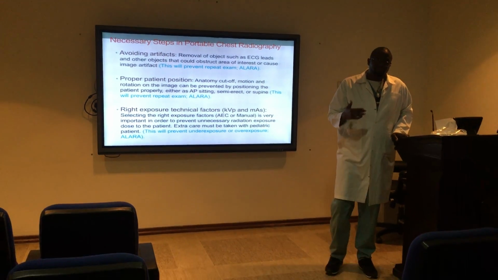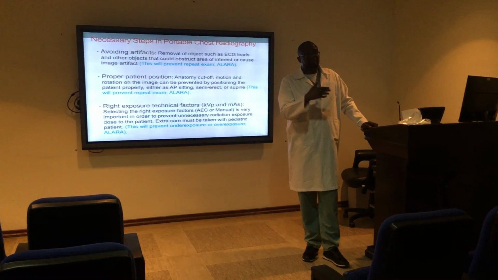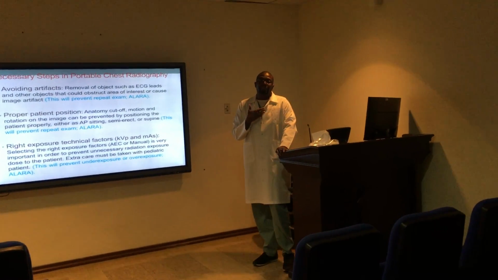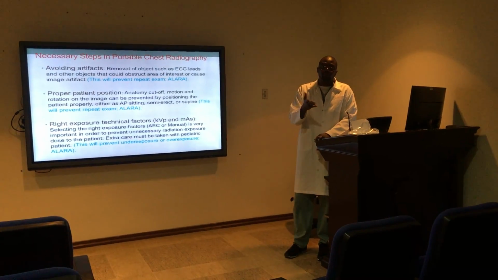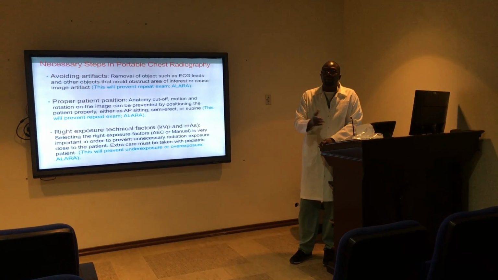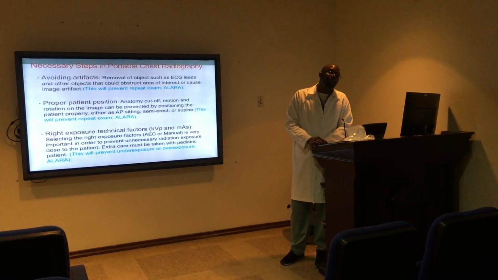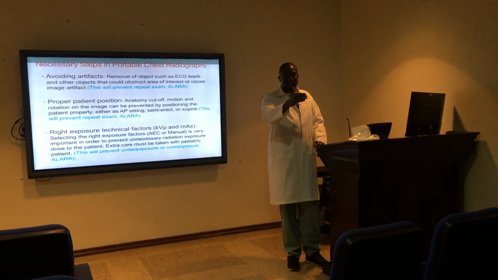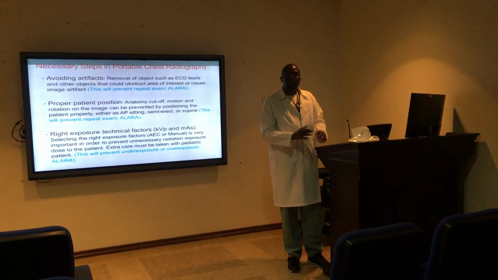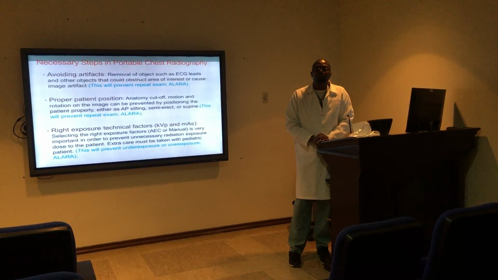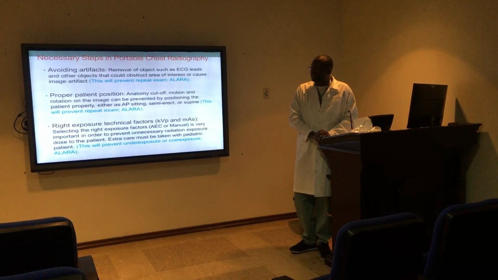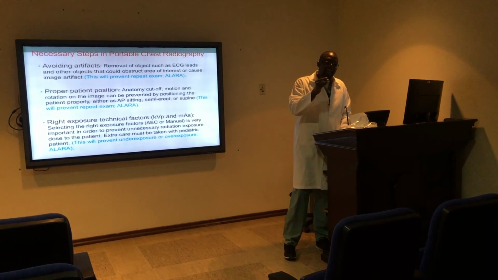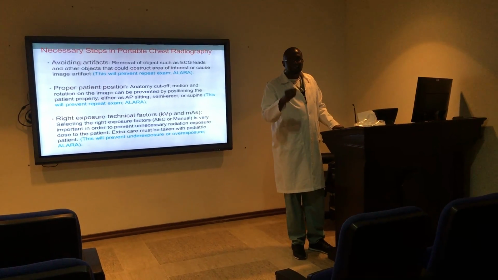By doing this, you are preventing repeat exams, because once there is an artifact on an image that could obstruct the area of interest, there will be a need to repeat. But once you take care of this at the beginning of the exam, there will be no need for a repeat exam. As we all know, ALARA, as low as reasonably achievable.